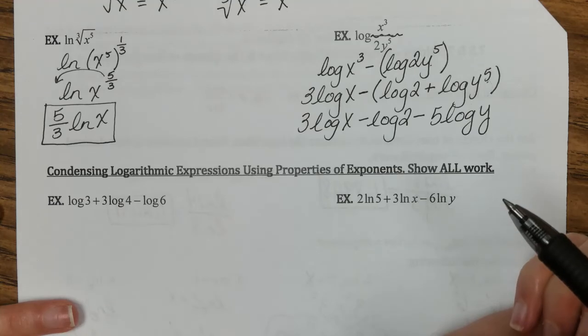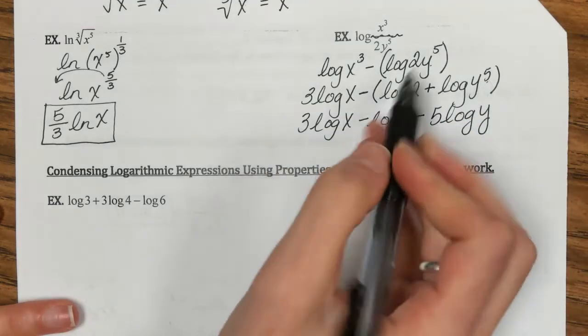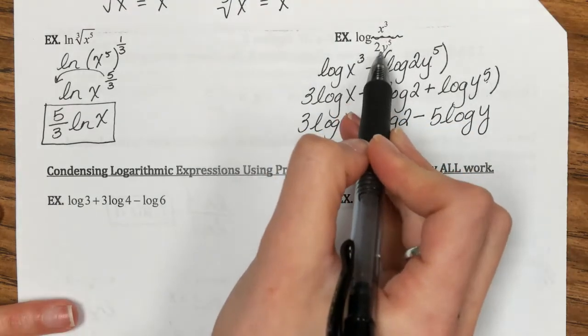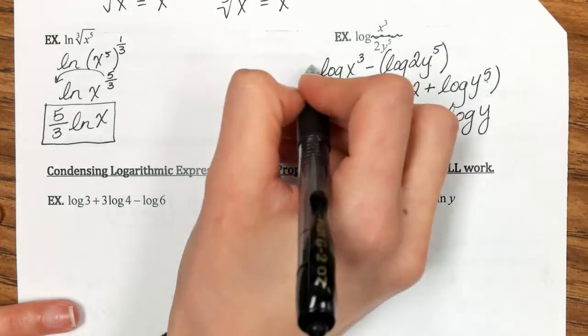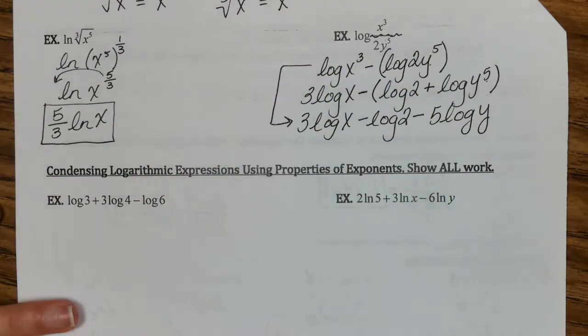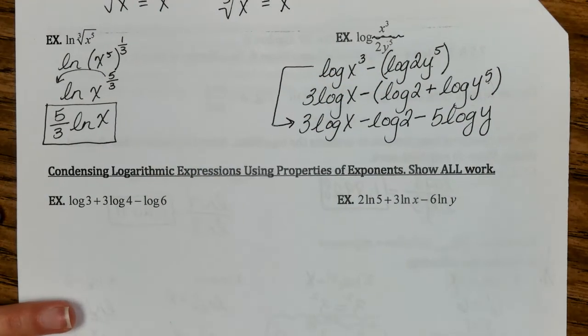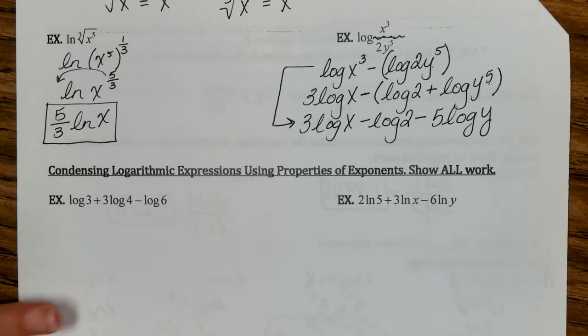So if you understand this concept and anything in the denominator is going to be a minus, you can go straight from here to there. Okay, you can skip that. I don't need you to show me that you're distributing a negative there, because I would hope that you would understand it's in the bottom, so you subtracted it.